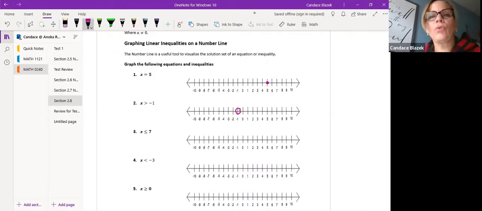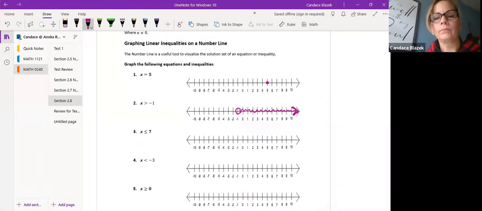And if x is greater than -1, look at the numbers on the number line. To the left, the values get smaller. To the right, the numbers are greater than -1, or they get bigger. So I'm going to darken that line and keep pointing, because the values can continue to get bigger and bigger, and they will all be greater than -1.